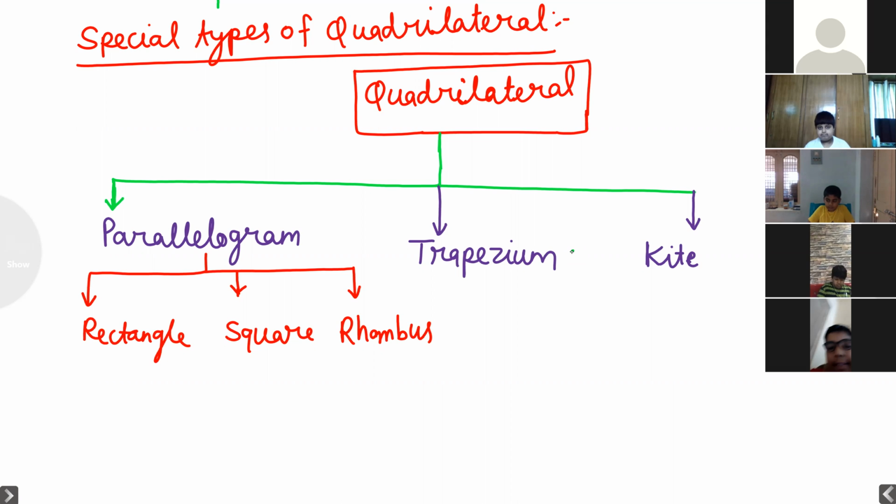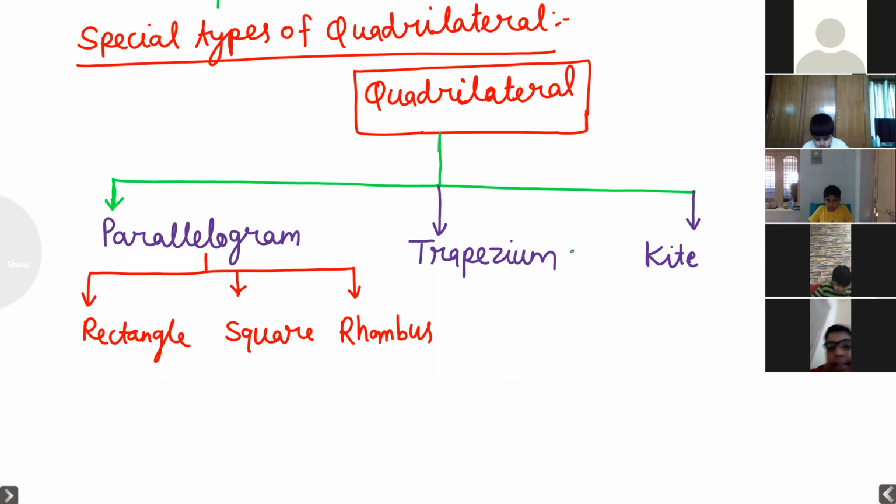Rectangle is a parallelogram, square is a parallelogram, rhombus is a parallelogram. If I say rectangle is a quadrilateral, our answer is wrong, because rectangle first comes under the father, then the grandfather. We can say parallelogram is a quadrilateral, yes, because parallelogram is directly linked with its father, that is the grandfather.